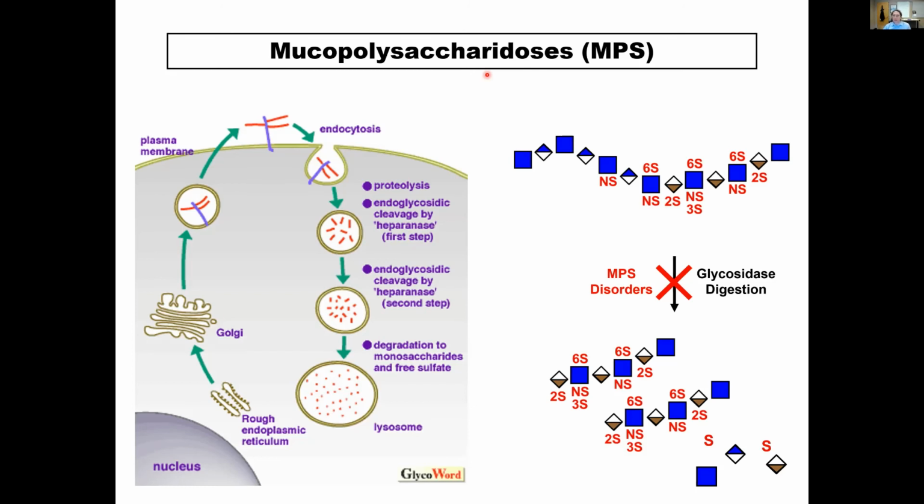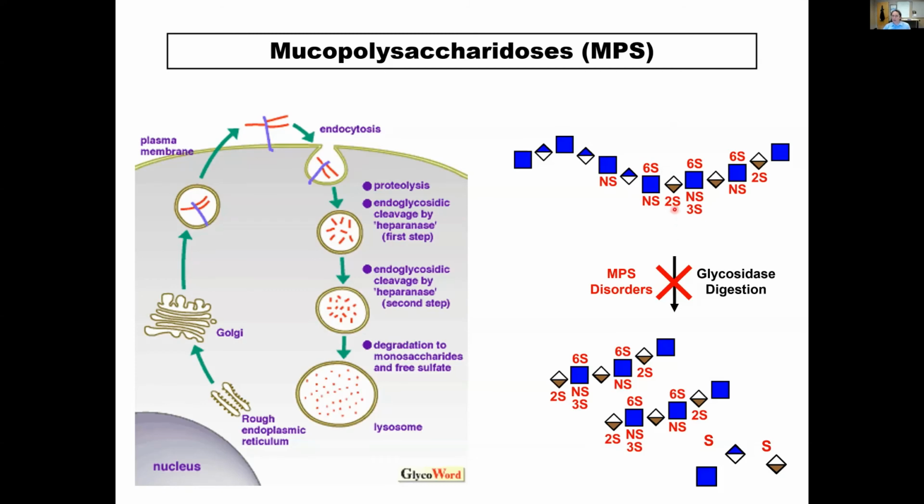All you need is a mutation in one of them and you get a large buildup of heparan sulfate or other GAGs in the lysosome of the cell, because all the enzymes are necessary to stepwise break down these GAG chains. If you're missing one of them, you get a buildup of certain oligosaccharides.